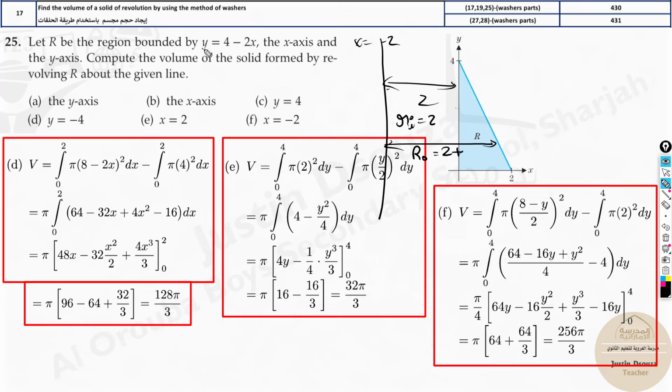So we have to just rearrange this. That will be 2x is equal to 4 minus y, x is equal to (4 minus y) divided by 2. So that will be (4 minus y) divided by 2. Now since it is improper over here, let's make it a proper fraction. 2 is the common denominator.